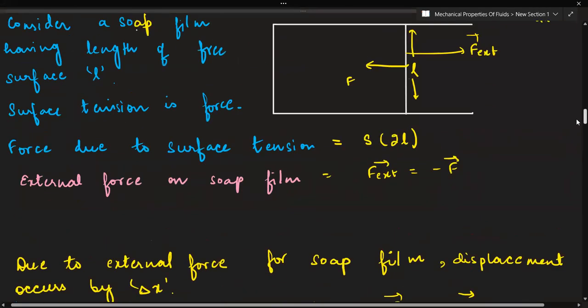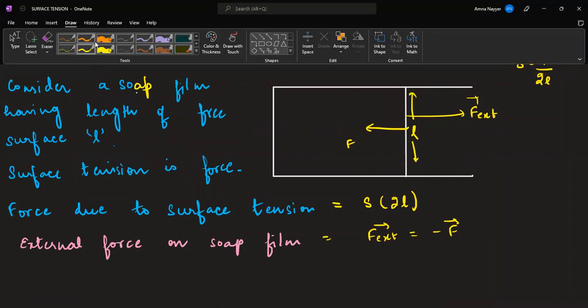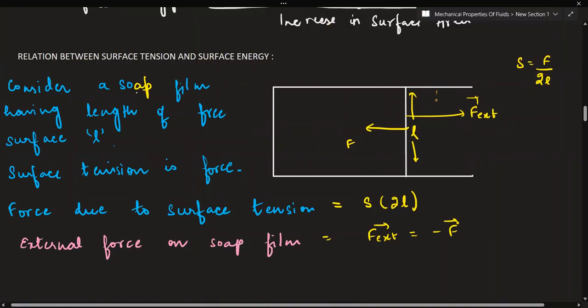Because of this external force, it is pulled apart. Let's say this portion that has been extended is delta x. This is the displacement.